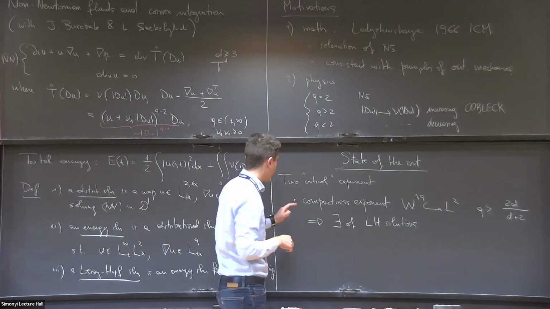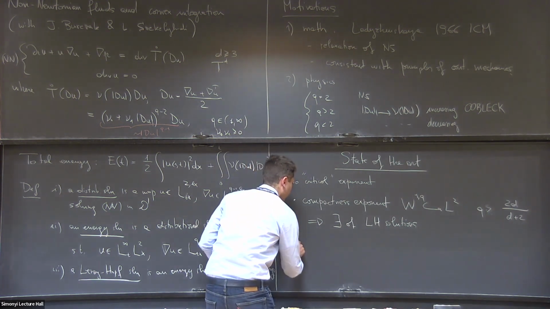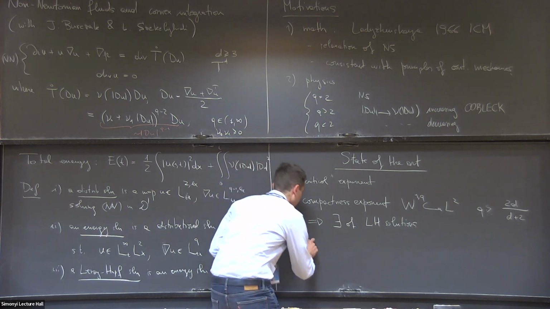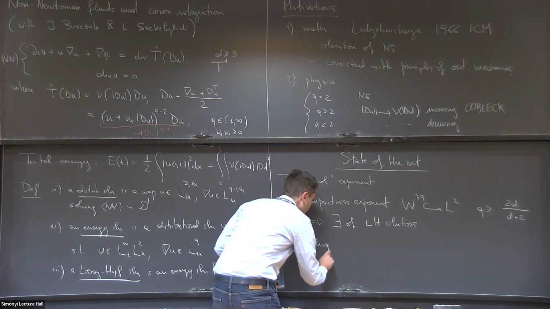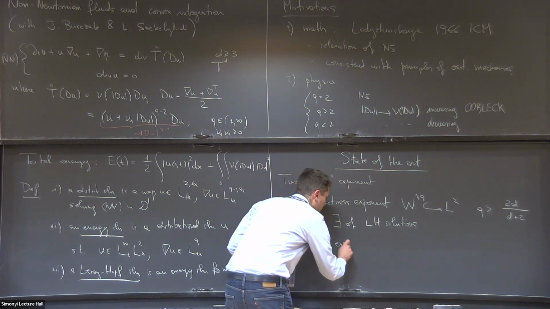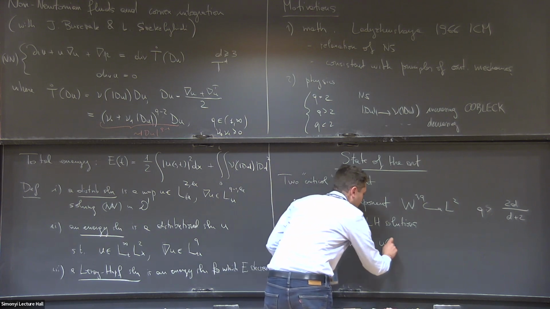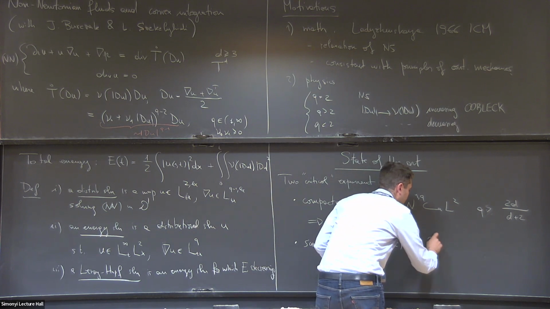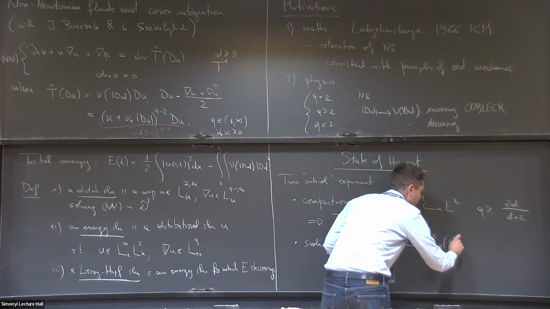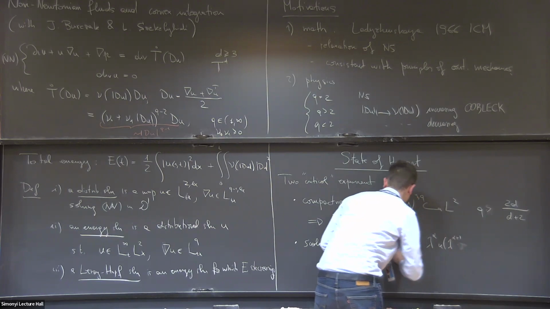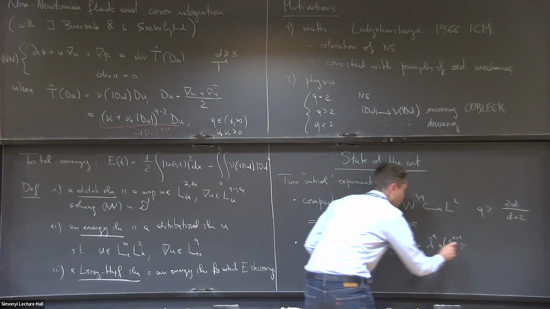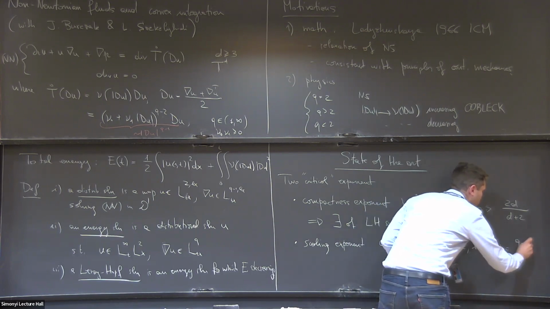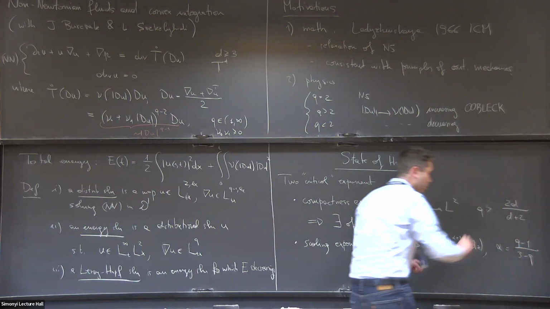The second interesting exponent is what I will call the scaling exponent. The equation has a natural scaling, u of x,t mapped into lambda to the alpha u of lambda to the alpha plus 1 t and lambda x, and this alpha is something like q minus 1 divided by 3 minus q, something like that.